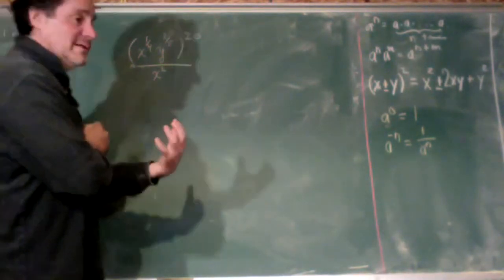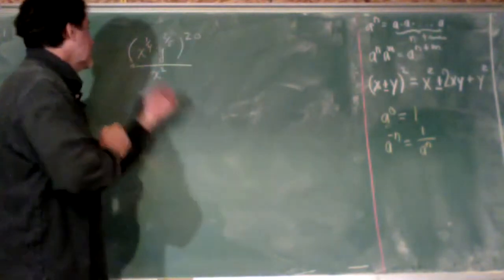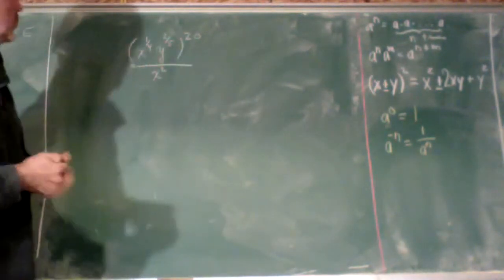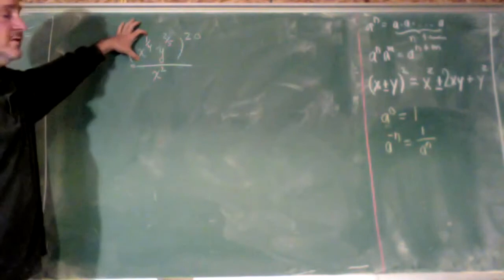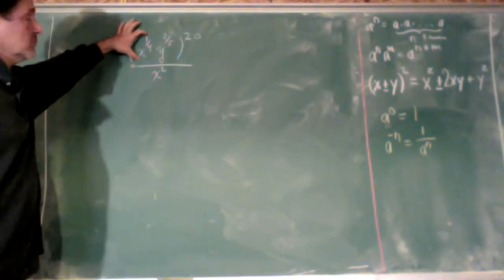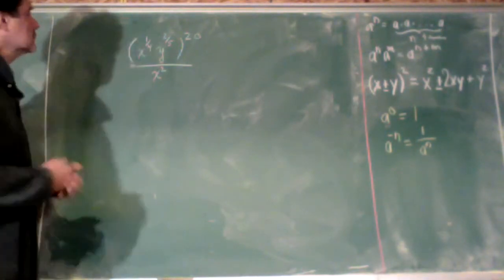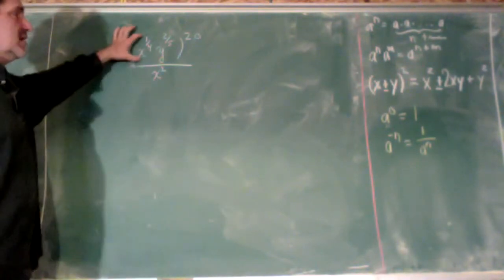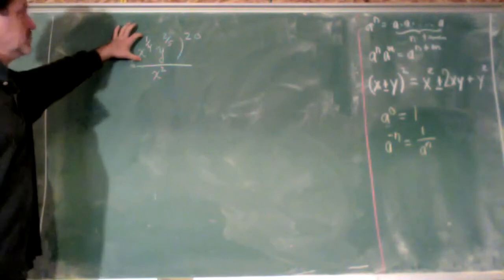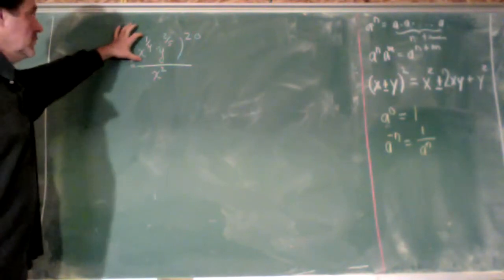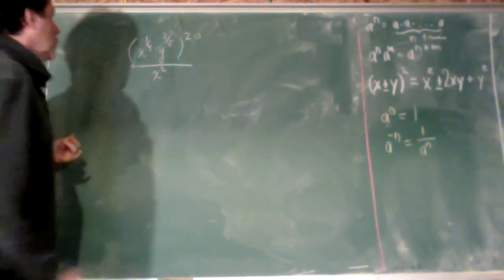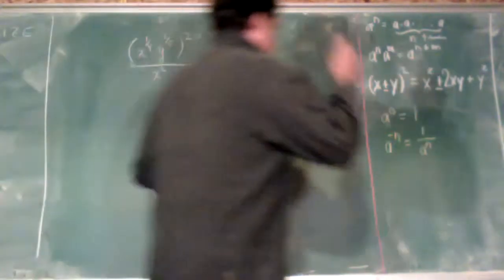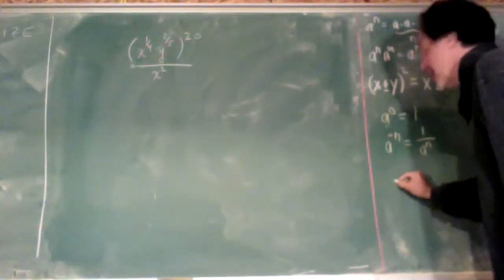We extended the rules on integers to rational numbers by the way we defined a to the 1 over n, which at this point I don't need to even remind you of, because given that the rules are the same, we can simply apply the rules to this situation. What rule? That's what we need to recall right now.